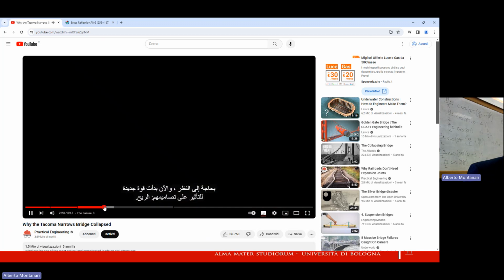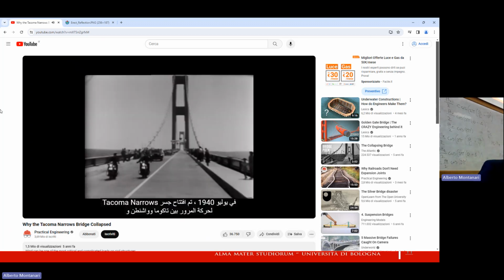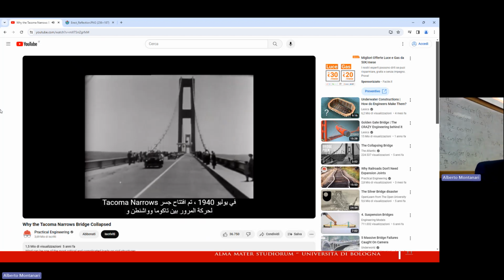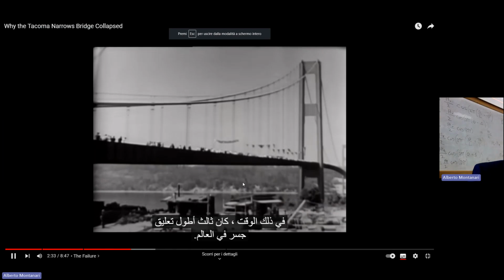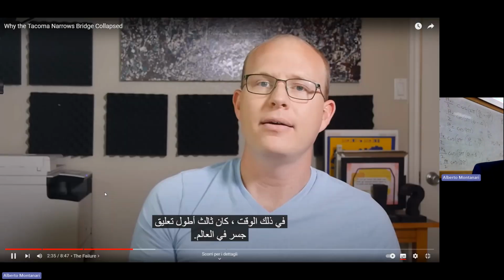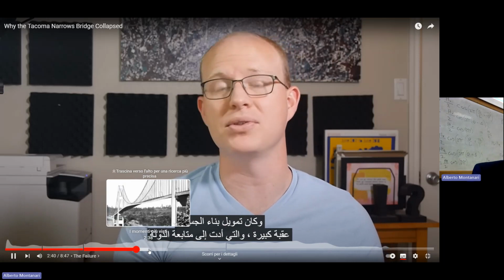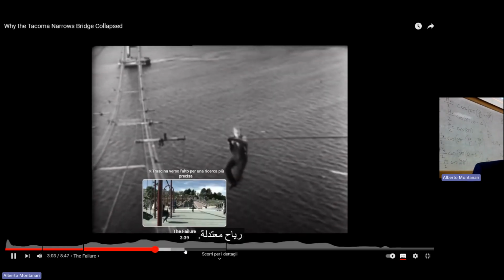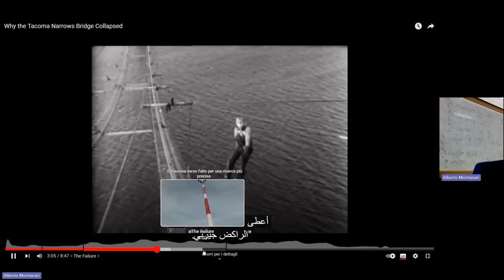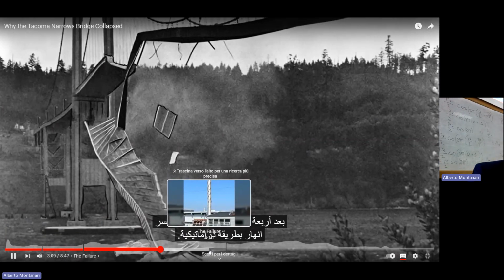In July 1940, the Tacoma Narrows Bridge opened to traffic between Tacoma, Washington, and the Kitsap Peninsula. At the time, it was the third longest suspension bridge in the world. Financing construction of the bridge was a major obstacle, which led the state to pursue an innovative design. Workers gave it the nickname Galloping Gertie. Only 4 months after it opened, the bridge collapsed.